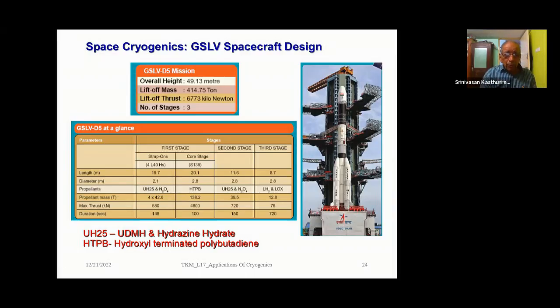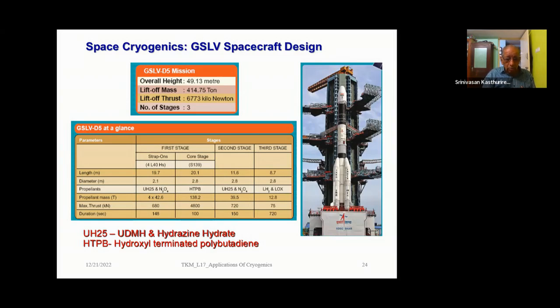The overall height of this GSLV is 49.13 meters, the liftoff mass is about 414 tons, and liftoff thrust is approximately 6,773 kilonewtons, and it has 3 stages.